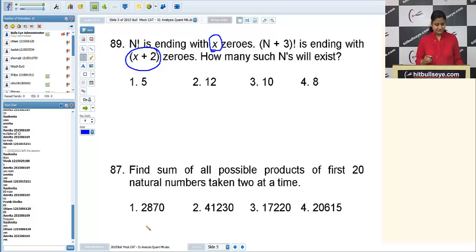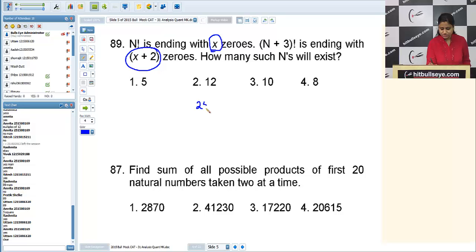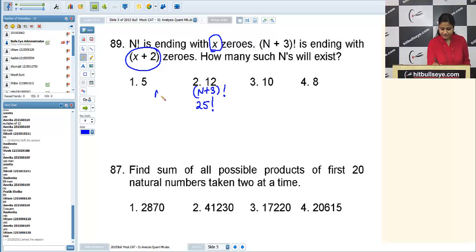Because if I take 25 factorial, that is my n plus 3 factorial, and if I take n, which is 22 factorial in this case, whatever be the number of zeros in 22 factorial, 25 factorial will contain 2 zeros extra, because we are multiplying 23, 24, 25. 23, 24, no effect. 25 will give you 2 5s. That's why you are getting 2 zeros extra.